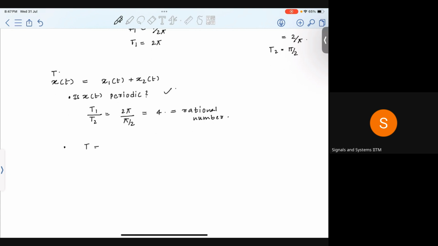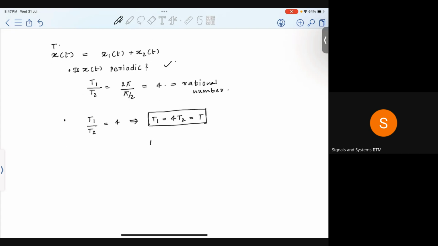So this fraction T1 by T2 is equal to 4, which implies T1 is equal to 4 T2. This is equal to the fundamental period T of the sum of two signals.